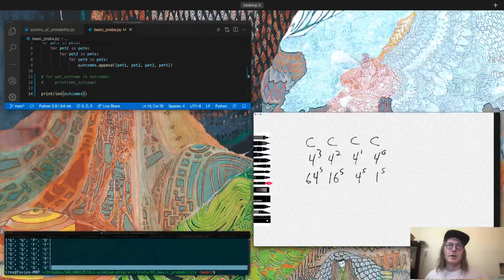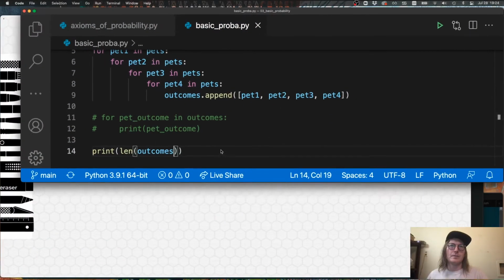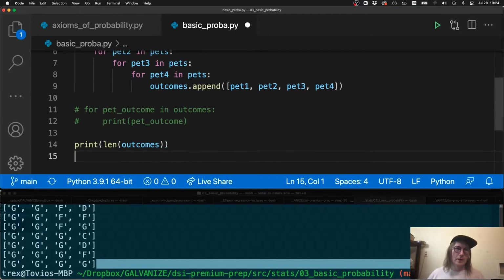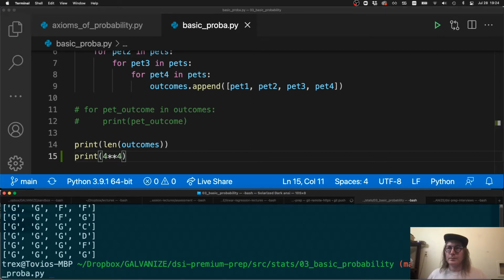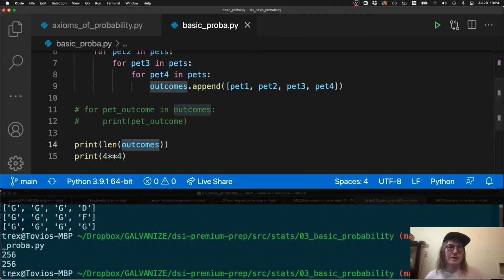All right, so let's just verify that. I'll just print 4 to the 4th power. And indeed, there's 256.